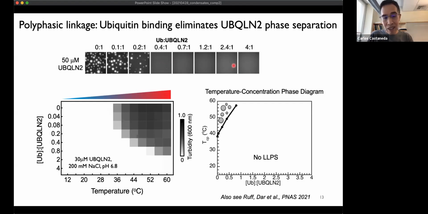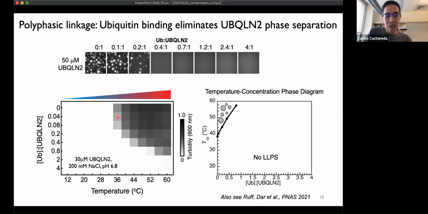We can quantify this, and we end up doing a lot of turbidity assay experiments where we put our protein into the cuvette, and then we do these temperature-based experiments. You can see that as we add in more ubiquitin to a constant concentration of ubiquilin, so many of my slides will have these numbers on here, you'll see that the onset of phase behavior goes to higher and higher temperatures.